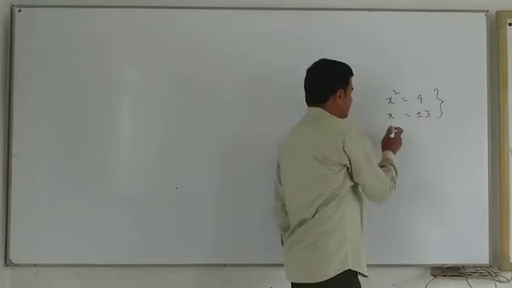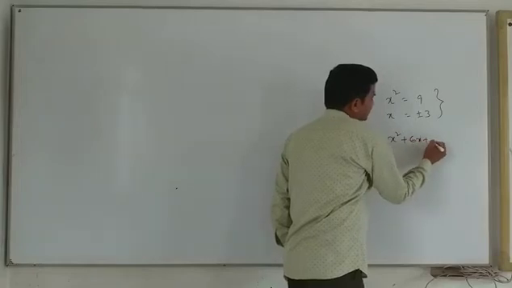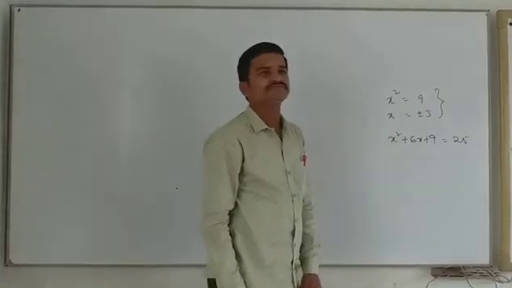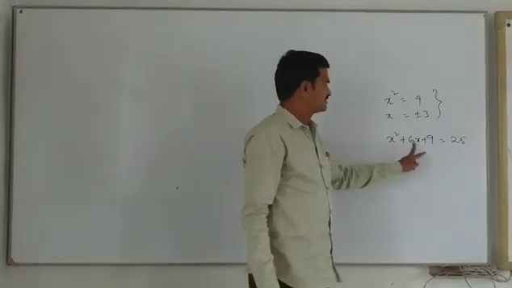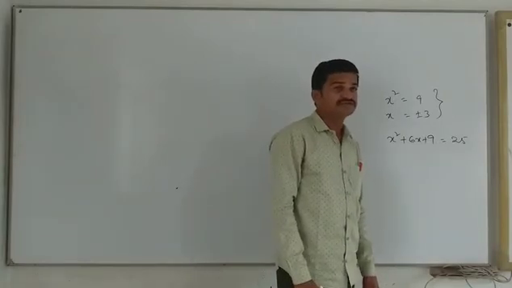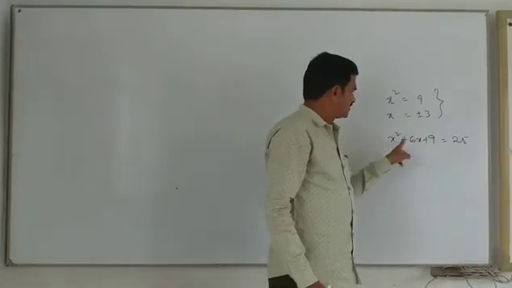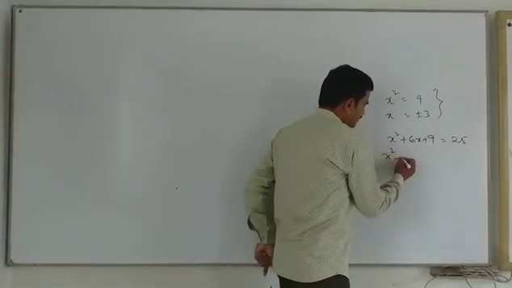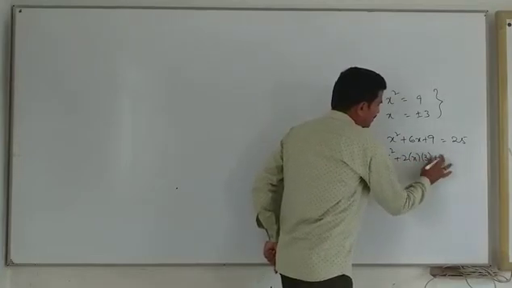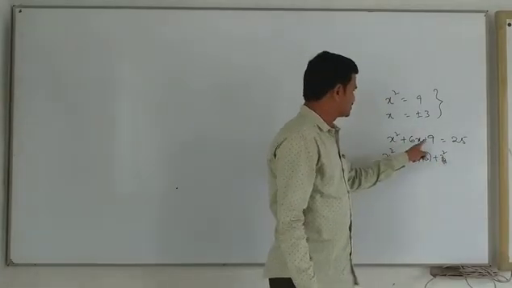But sometimes x square plus 6x plus 9 equals 25 is there. In such cases, a small thing you can apply. Clearly see, it is in the form of a square plus 2ab plus b square. Shall we write x square plus 6x plus 9 as this form?